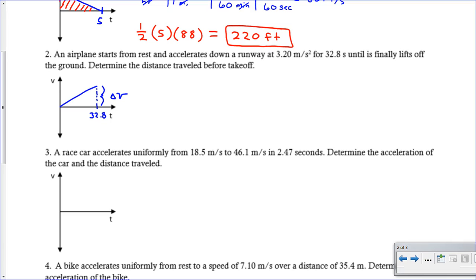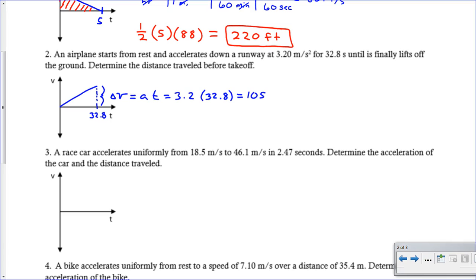To find the change in velocity, we use acceleration times time, which is one of those three rearrangements of this equation I told you to be familiar with at the beginning. We know the acceleration is 3.2 meters per second squared, times the time, which is 32.8, and you multiply those together and you get approximately 105.